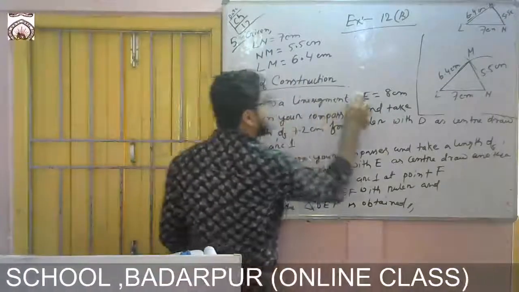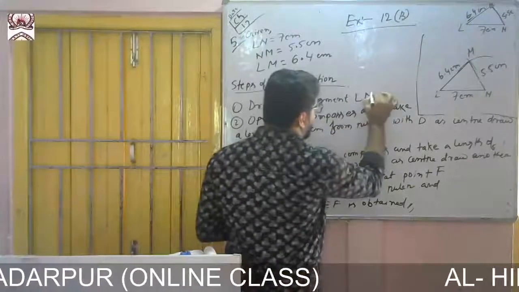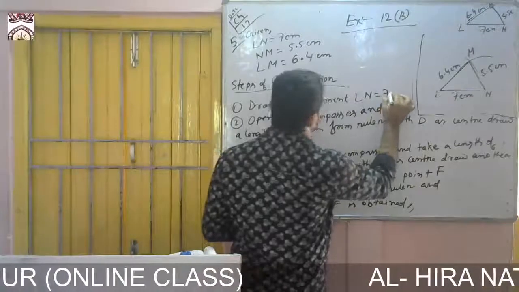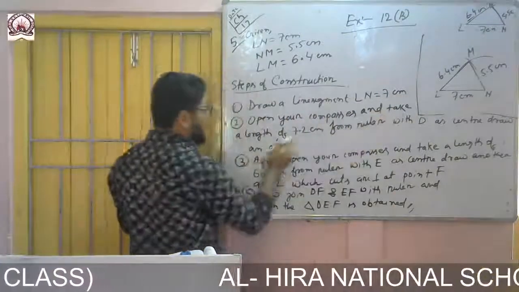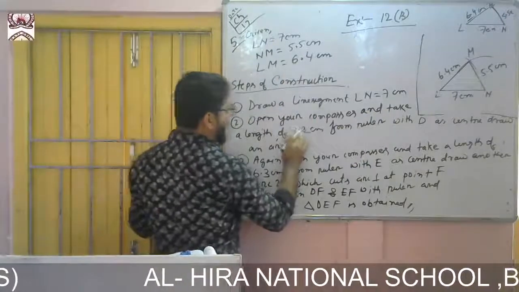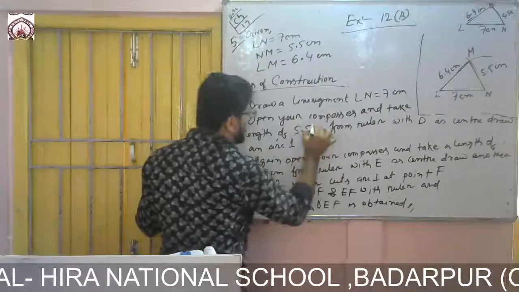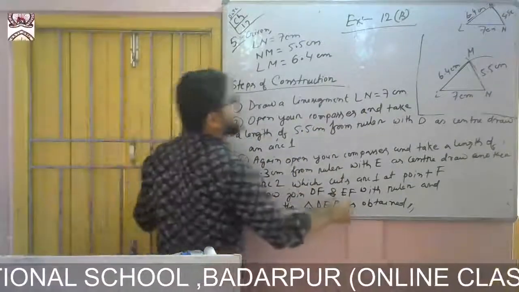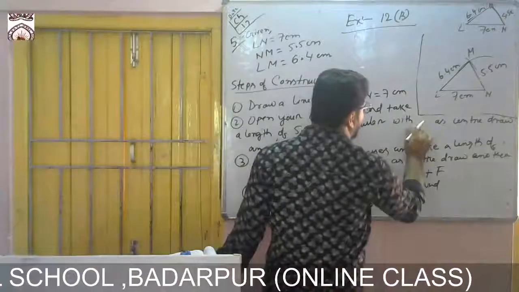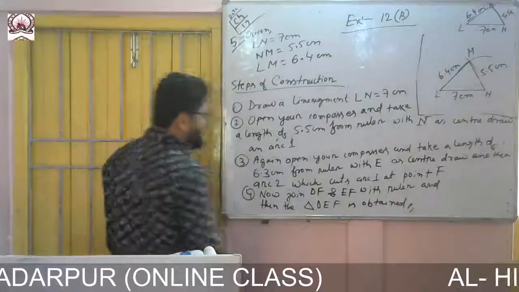Draw a line segment LN equals to 7 centimeter. Open your compass and take a length of 5.5 centimeter from the ruler. With N as center, draw an arc 1.